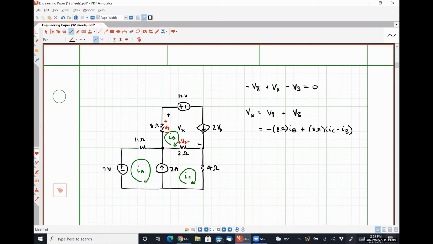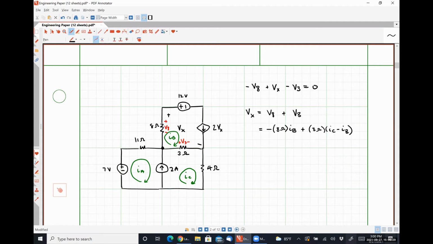I started at the bottom left-hand corner, saw the negative polarity terminal of my voltage drop V8 first, the positive polarity terminal of my voltage drop Vx, then the negative polarity terminal of my voltage drop V3. If I move V8 and V3 to the other side of the equal sign, I get that next expression. Once you can do this enough, you can easily see that the voltage rise will be equal to the sum of the voltage drops, however you want to express it, but you'll get used to doing the polarities in your head.